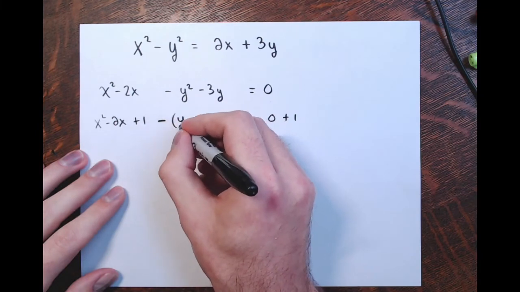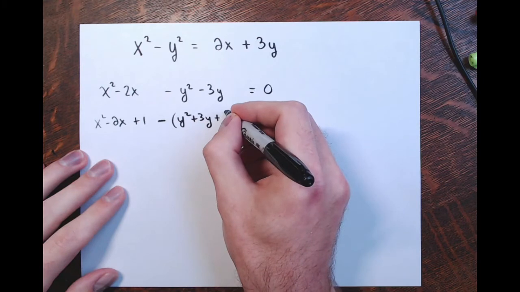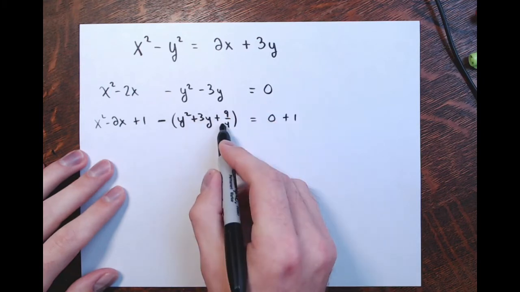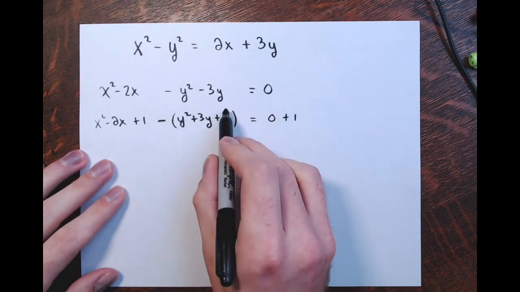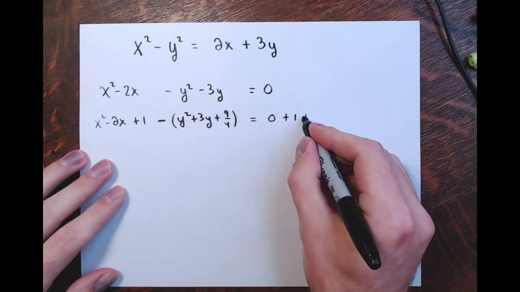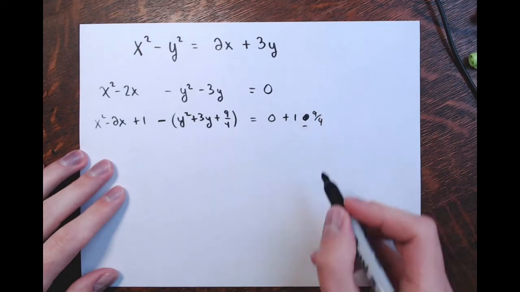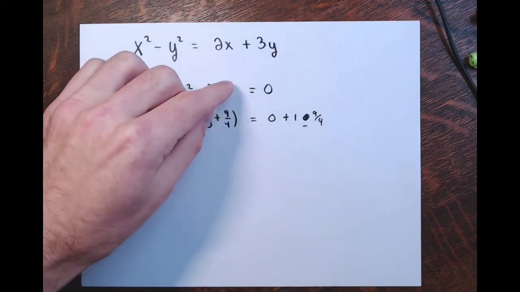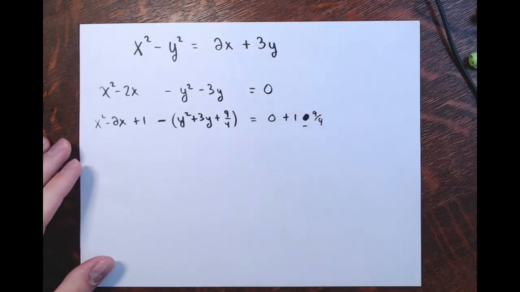Then I'd have y squared plus 3y, and I complete the square in here, adding 9/4. Now if I add 9/4 in this set of parentheses, what I really did was subtract 9/4 from the left side, so I've got to subtract 9/4 from the right.